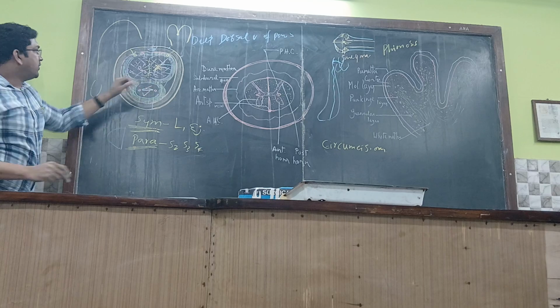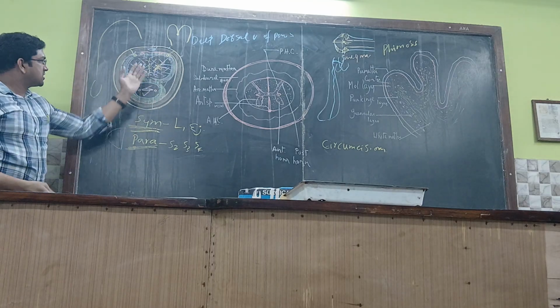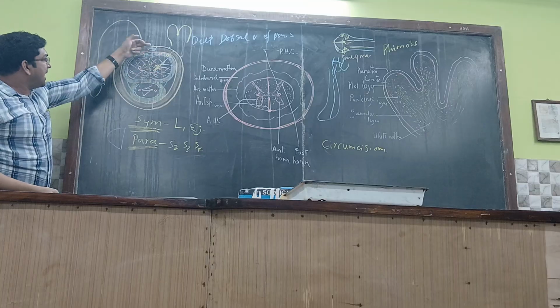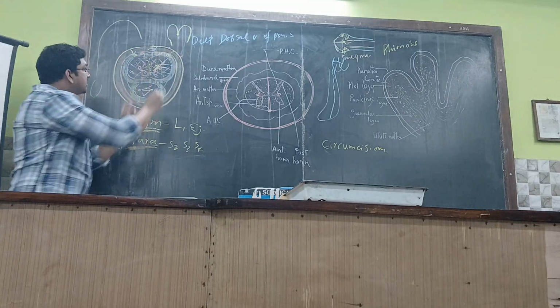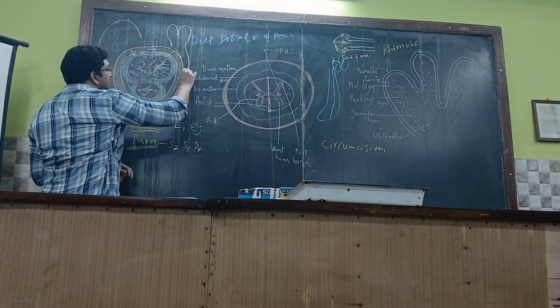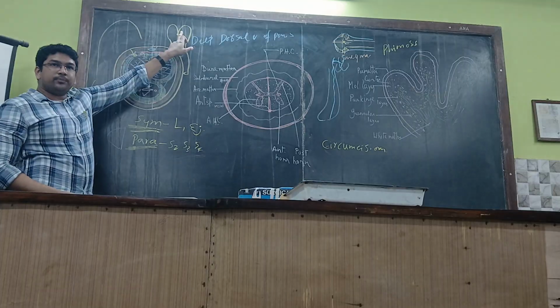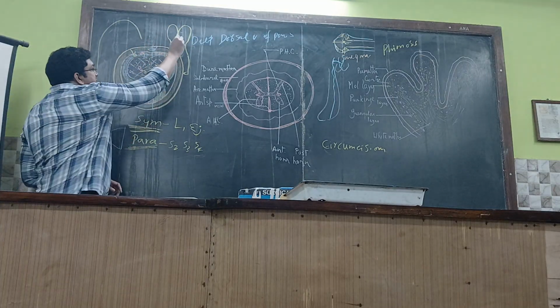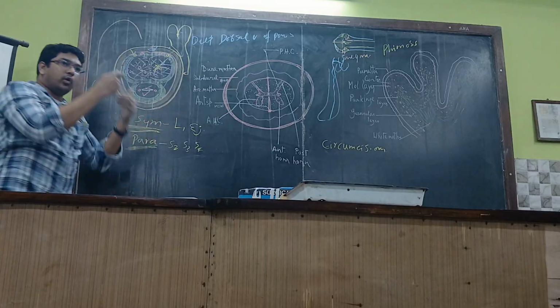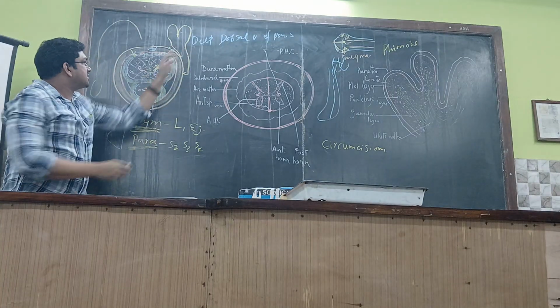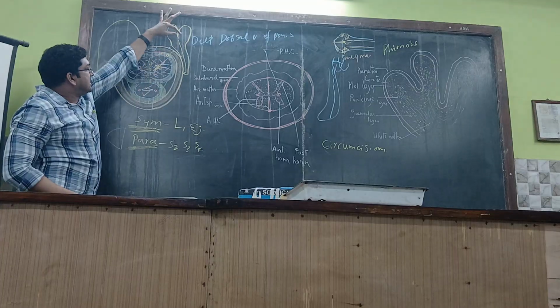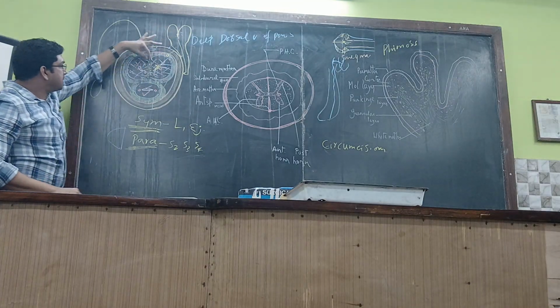For example, this is a normal penis, these two are the crura, and these two are the corpora cavernosa. At the posterior aspect, both compartments are separated completely by this fibrous septum.